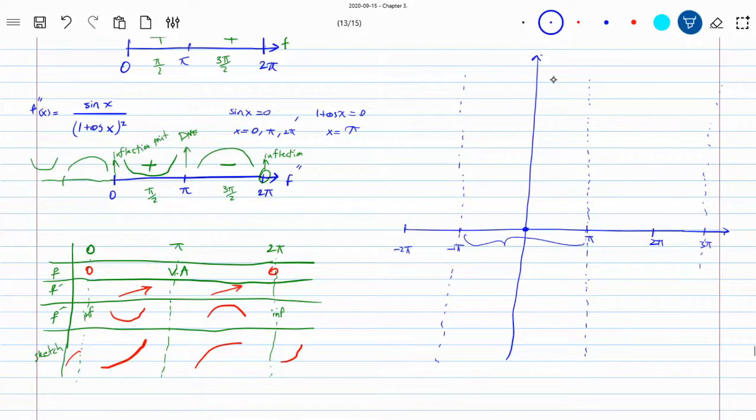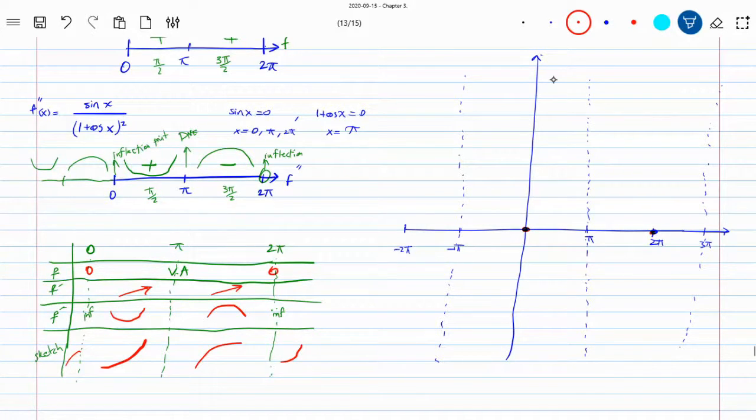That's why I didn't pick the domain to be all real numbers. I only focused on 0 to 2 pi. So now we have the x-intercept at 0 as well as at 2 pi, and you have a vertical asymptote at pi. So the graph has to reach these 2 points and approach the vertical asymptote.